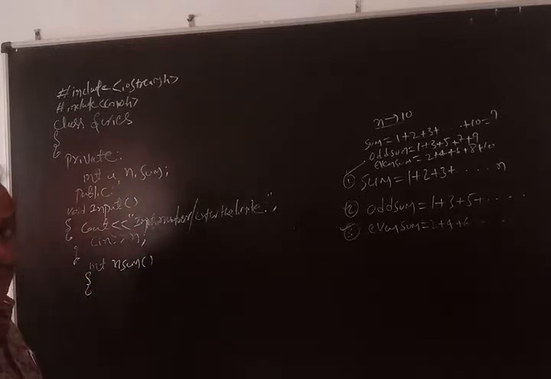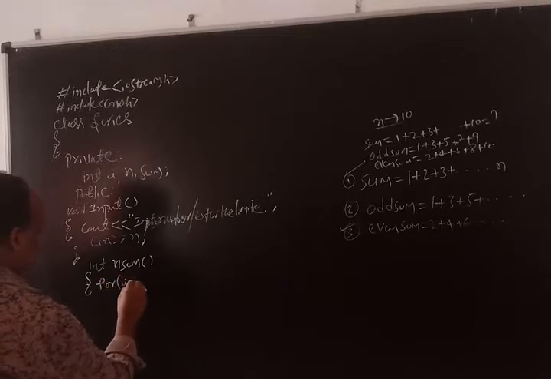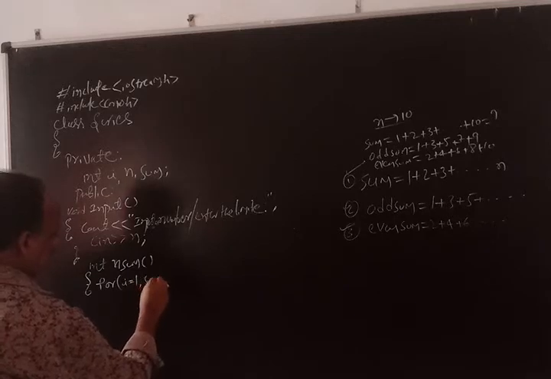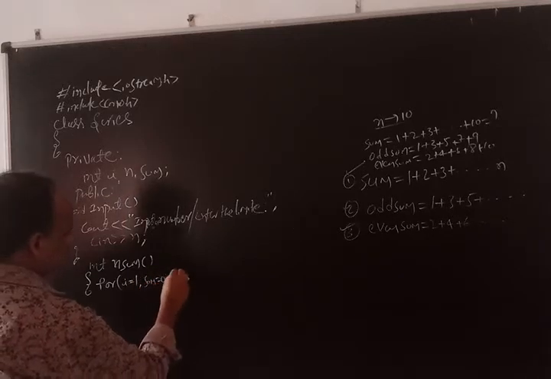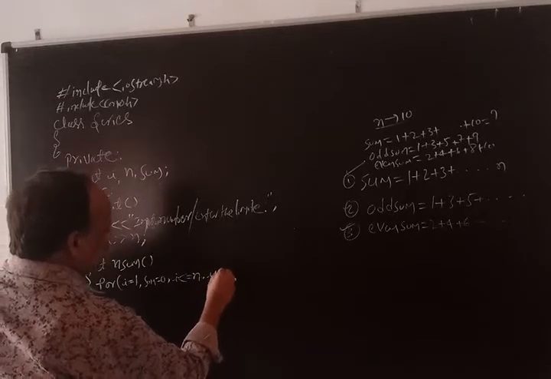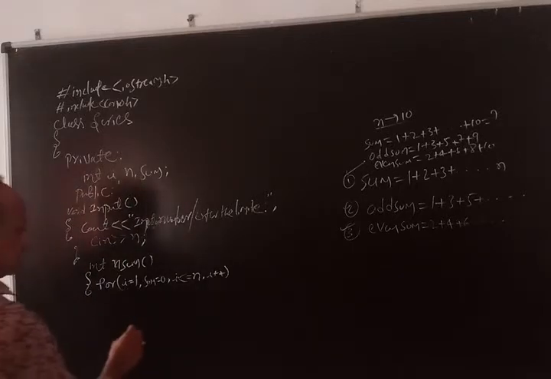Here I am using a for loop: for i equal to 1, sum equal to 0, i less than or equal to n, i plus plus. Just see here, I am going to explain afterwards.